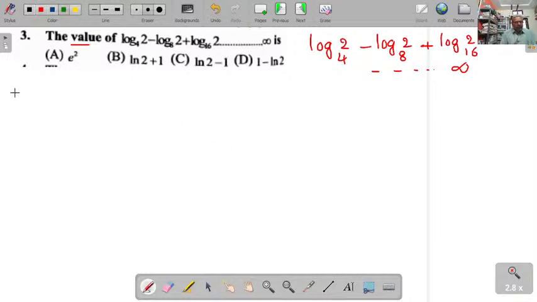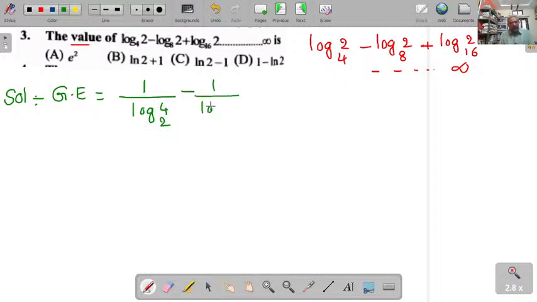See how to find out. So my dear students, now the given expression we can write is equal to log 2 base 4, we can write 1 upon log 4 to the base 2, clear, minus log 2 to the base 8 we can write 1 upon log 8 to the base 2, plus this log 2 to the base 16 we can write 1 upon log 16 to the base 2, and minus and so on infinity.